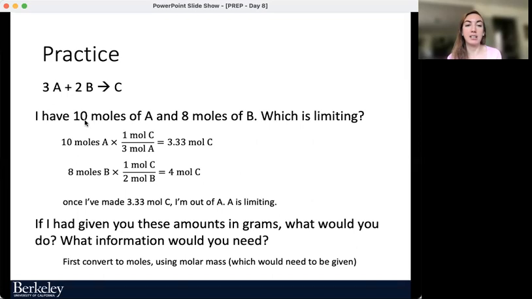My theoretical yield is 3.33 moles of C. So I used up all of my limiting reactant, my 10 moles of A, and I made 3.33 moles of C. So my theoretical yield is 3.33 moles of C.